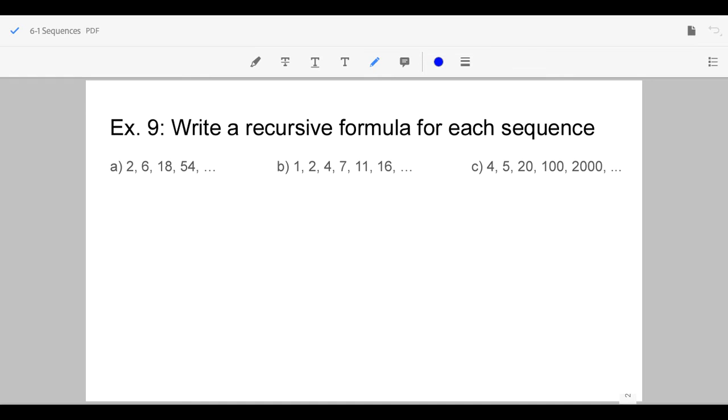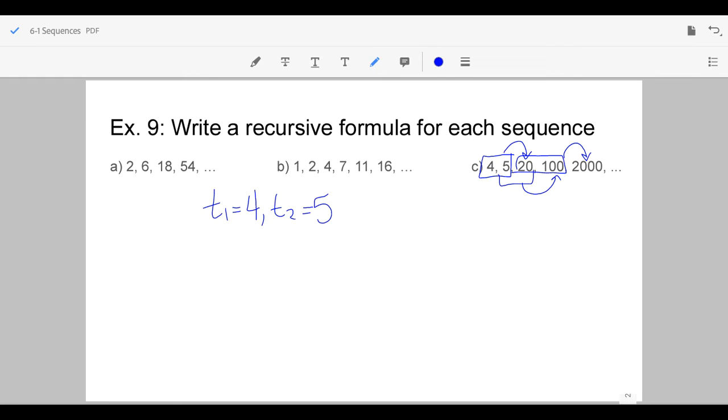So we start with term 1, which is 4, and we actually have to say term 2 is 5. Once we have those, then we can use those to generate the ones after. So if you take these two terms, multiply them together, you get that term. If you take these two terms and multiply them together, you get that term. And if you take these two and multiply them, you get that term.